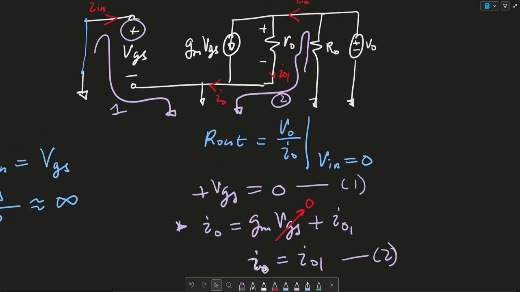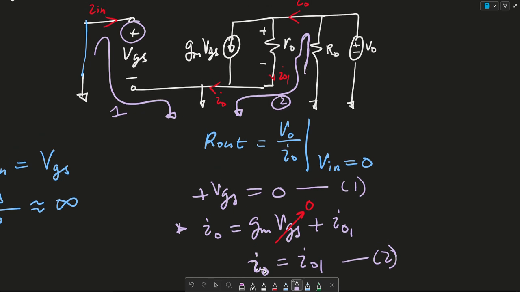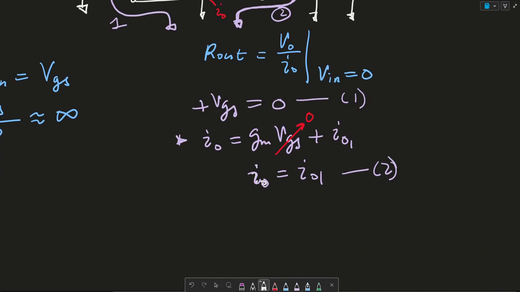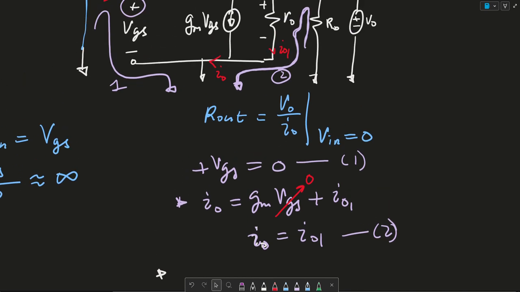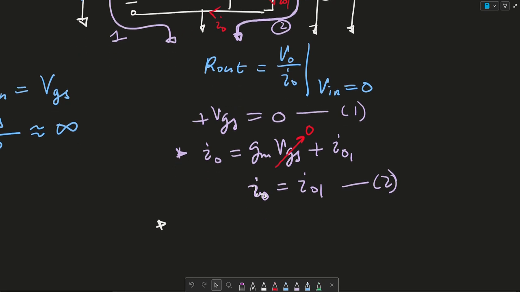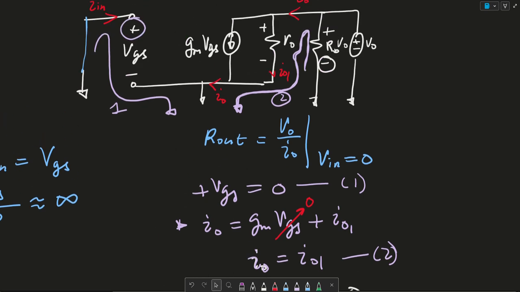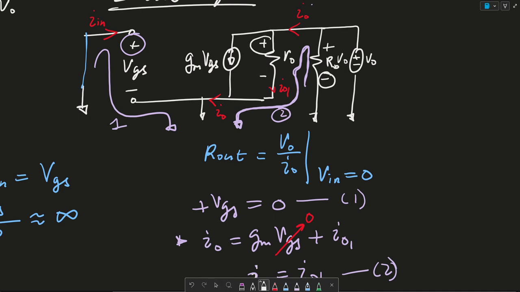And my third equation will be this KVL in this loop through loop 2 right here. I'm going to change colors. And I'm going to say minus VO because the voltage across here is VO. So minus VO plus RO IO1 is equal to 0, right? That's the voltage drop across this resistance.